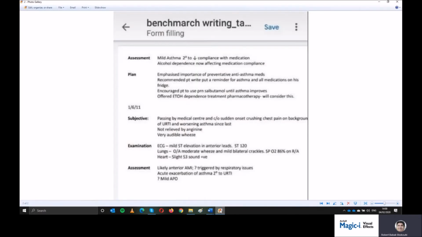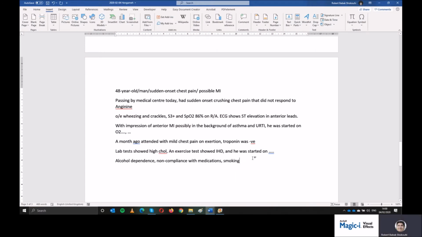What else? There is no importance in mentioning the asthma and upper respiratory infection recently. Yes, we say here he's got asthma since childhood, and he takes serotype but is non-compliant.